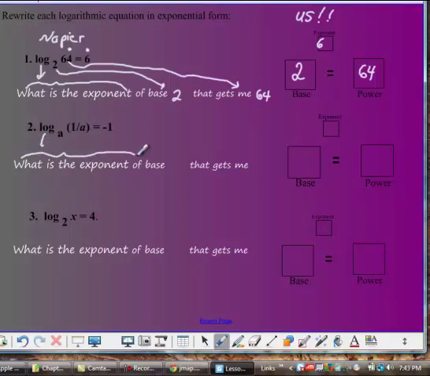What is the exponent of base A? Okay, so A is my base. That gets me 1 over A. All right, so that gets me 1 over A. So, yeah, my exponent has to be -1.